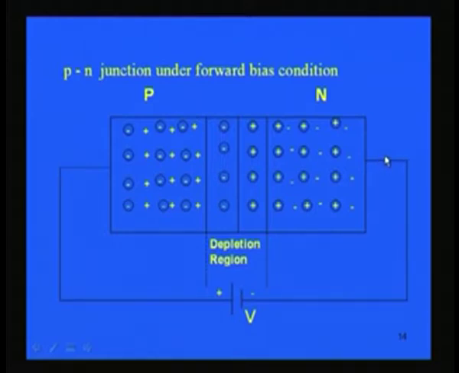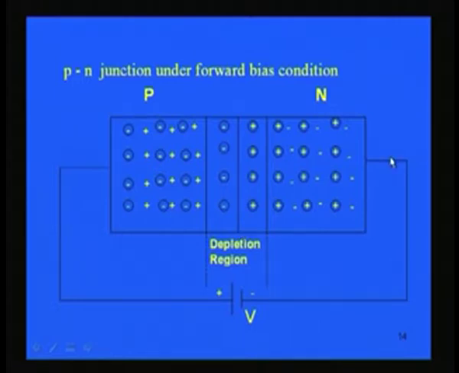So, in forward biasing we connect P of the PN junction to the positive of the voltage supply and N to the negative of the voltage supply.